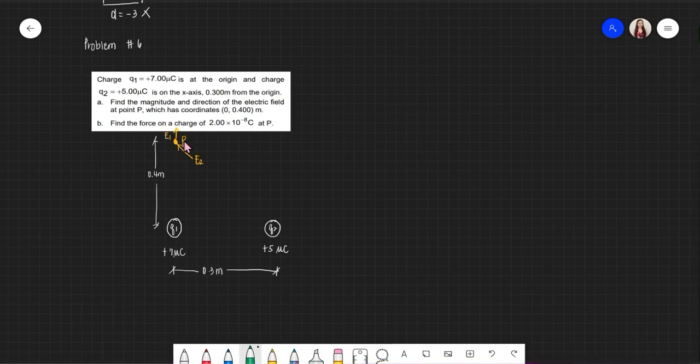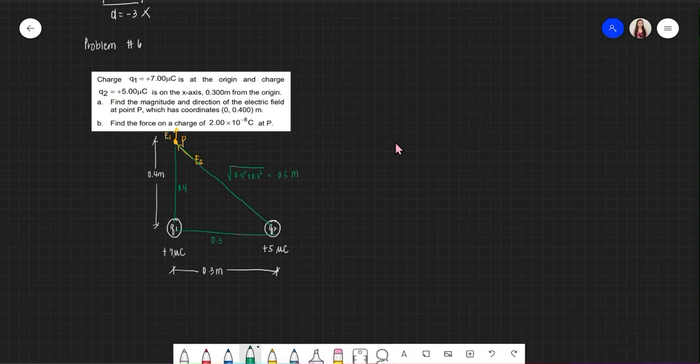By the way, this forms a right triangle. So this is 0.4, this is 0.3, which means the distance between Q2 and P is the square root of 0.4 squared plus 0.3 squared, which is equal to 0.5 meters.